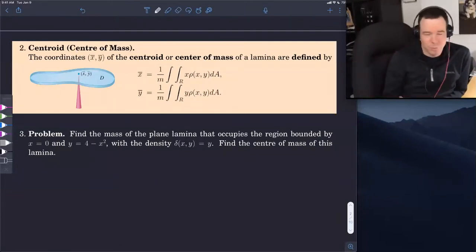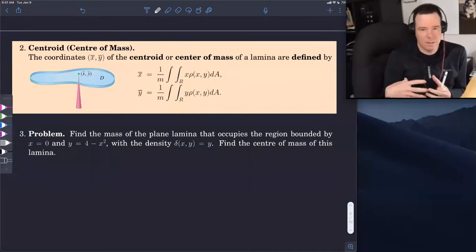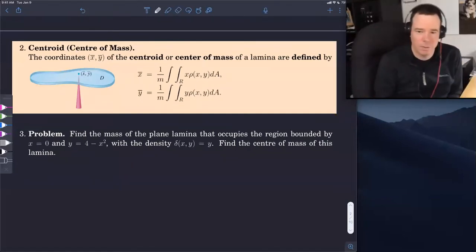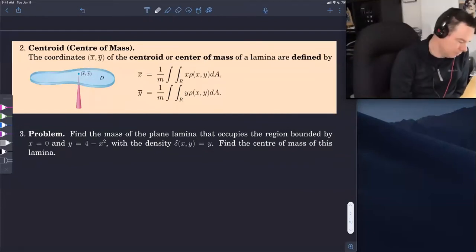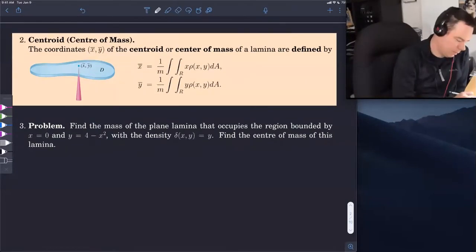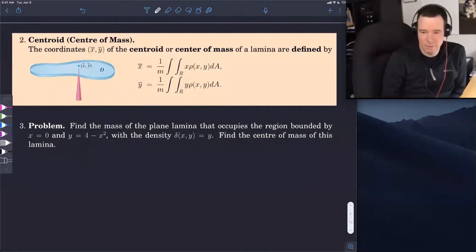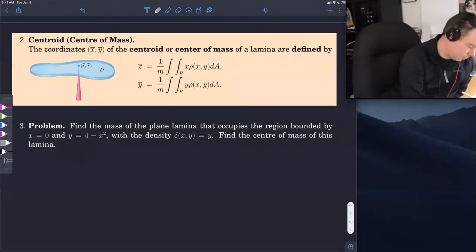In other words, it depends on the density. Where is it higher density? Where is it lower density? Taking into account how the mass is distributed around the lamina and its shape to figure out what its center of mass is. And the center of mass in this case is given by these double integrals.